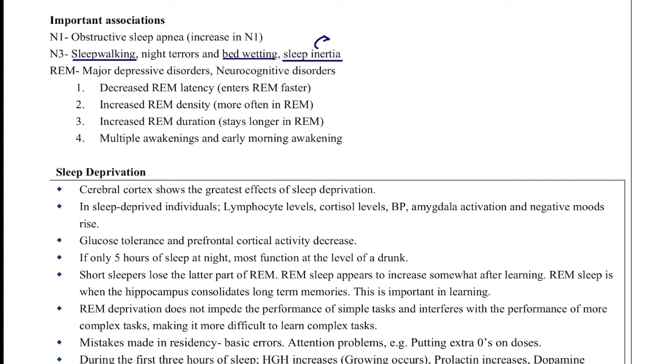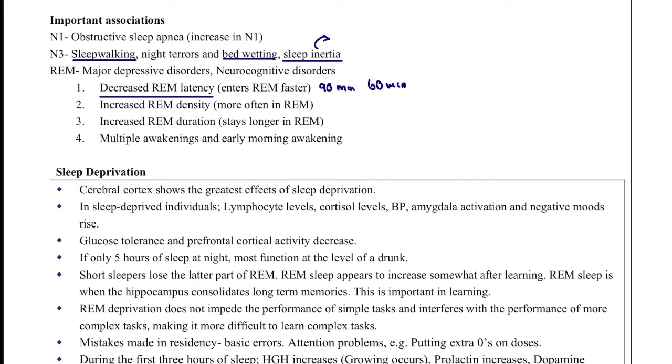REM is associated with major depressive disorders and neurocognitive disorders. In major depressive disorders, you get decreased REM latency. That means you enter REM state faster. So typically it's 90 minutes, but the time to enter will be less than that, let's say 60 minutes. There's going to be an increased REM density.